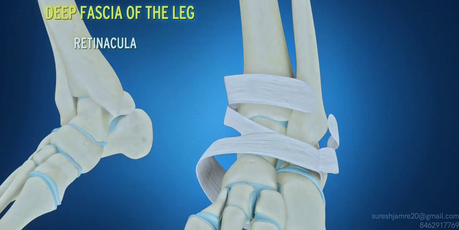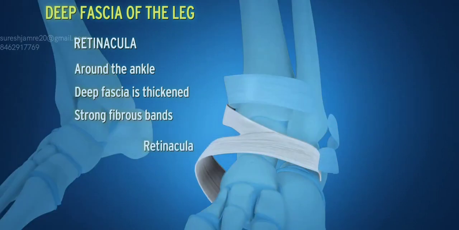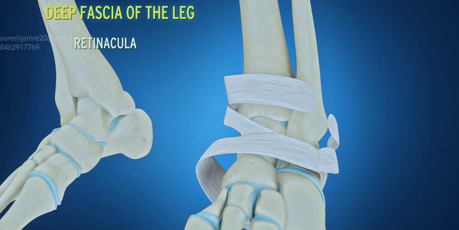Retinacula. Around the ankle, the deep fascia is thickened to form strong fibrous bands called retinacula. They are so named because they retain the tendons around the ankle in their place.